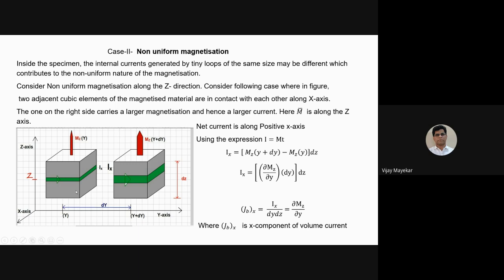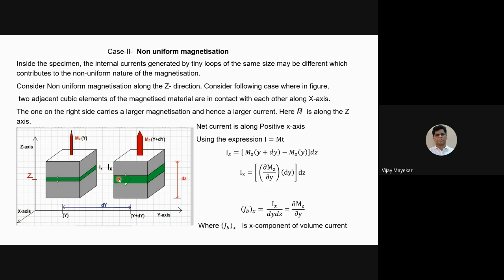There are two chunks of the same size. The bound current generated by the left hand side tiny chunk is smaller compared with the one on the right hand side. You can see this is shown by the width of that green band. So it is a small Ix.